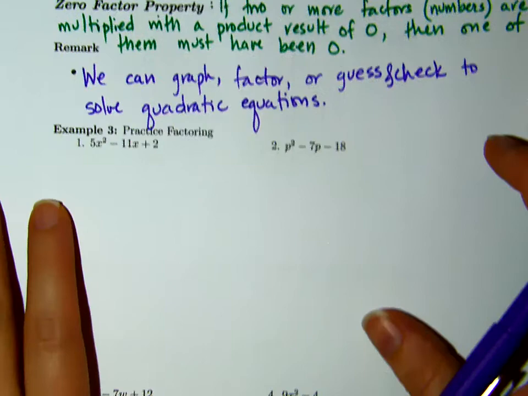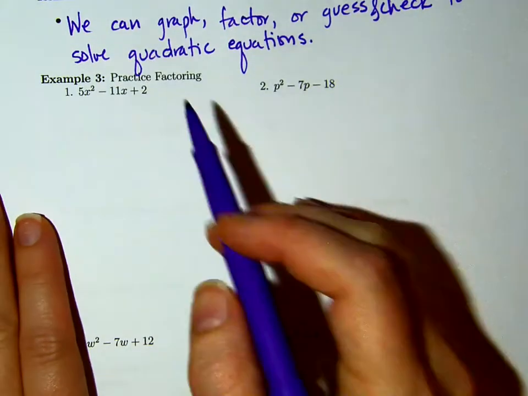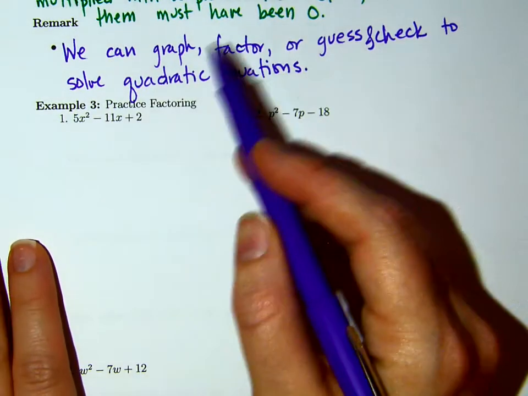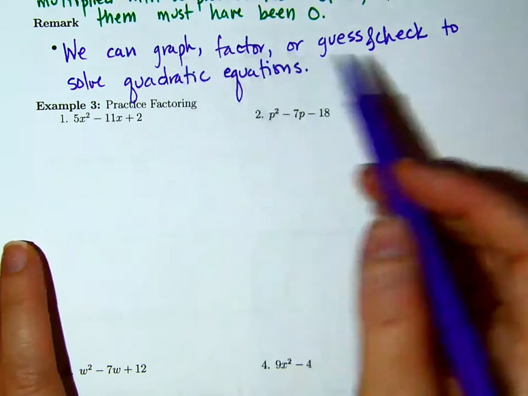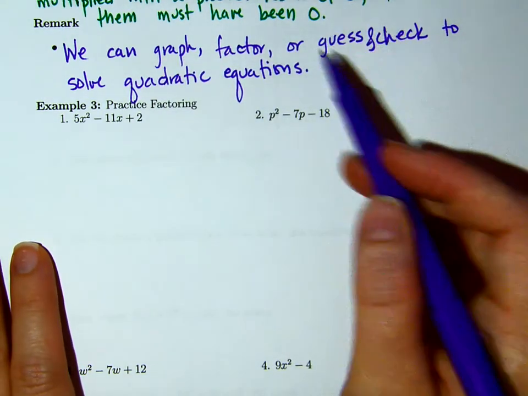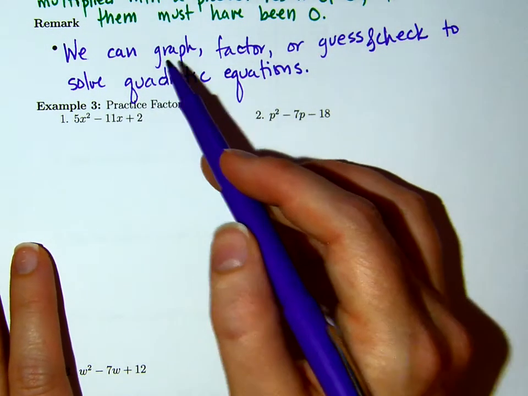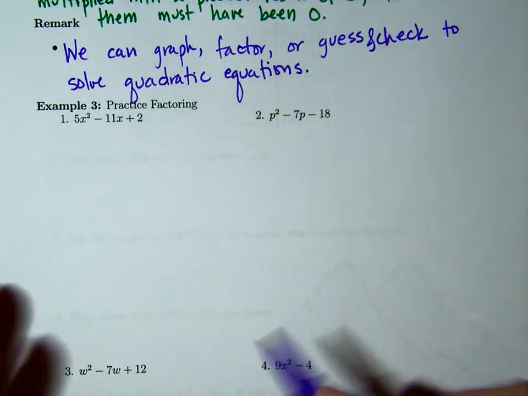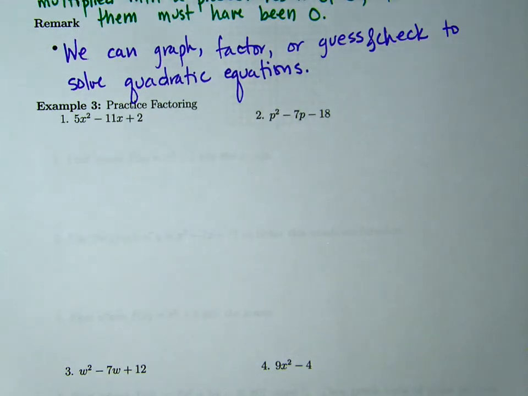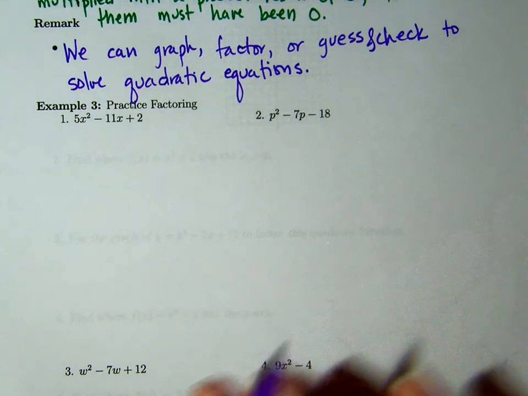So in the next video, we are going to practice our factoring so that we can maybe avoid doing a bunch of tables of values and plotting of points, and just see if we can do it algebraically, because it's fewer computations and fewer steps.